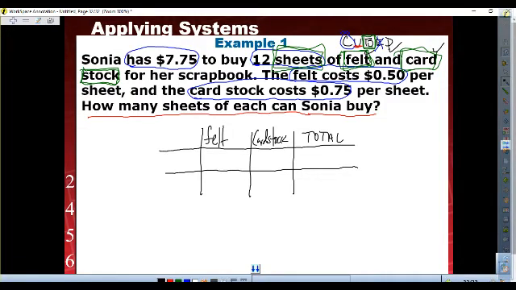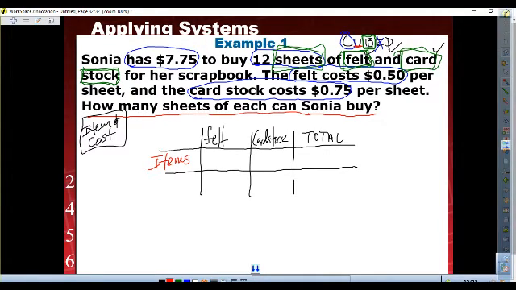This kind of problem is known as an item and cost problem. Whenever you approach these problems, they're known as item and cost. So for that purpose, I'm going to label this first row items.